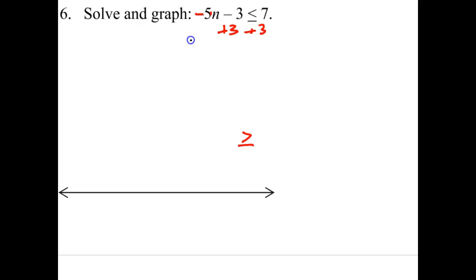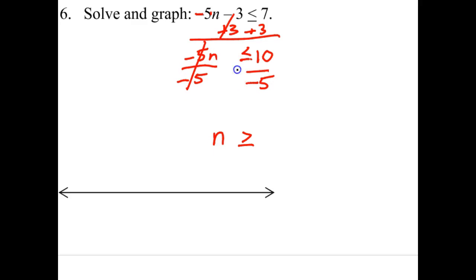We'll do that later. Add 3 to both sides. And here's where you're going to divide by that negative, right? So divided by negative, so we're going to have n is greater than or equal to -2. And this is going to be a solid circle since this is greater than or equal to.